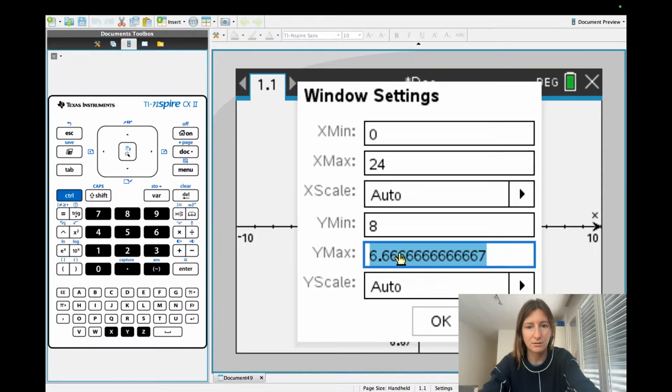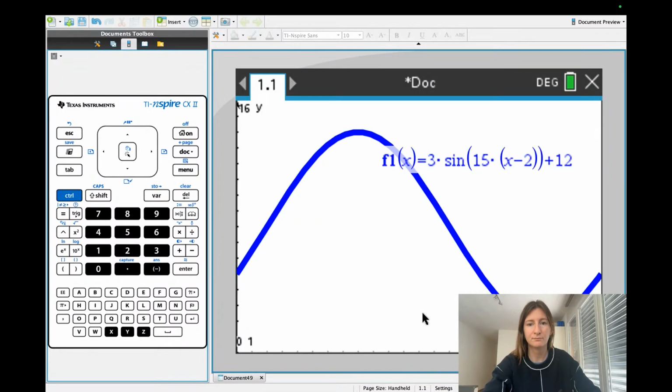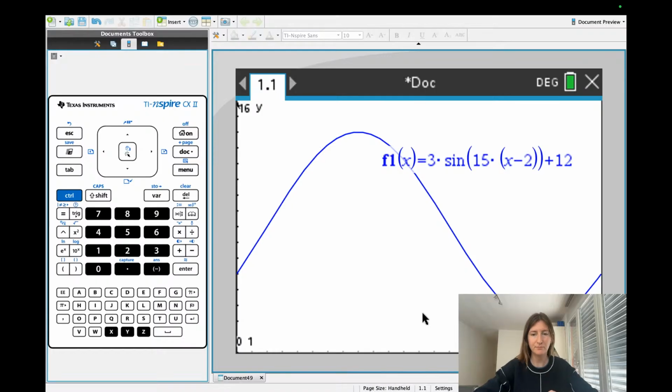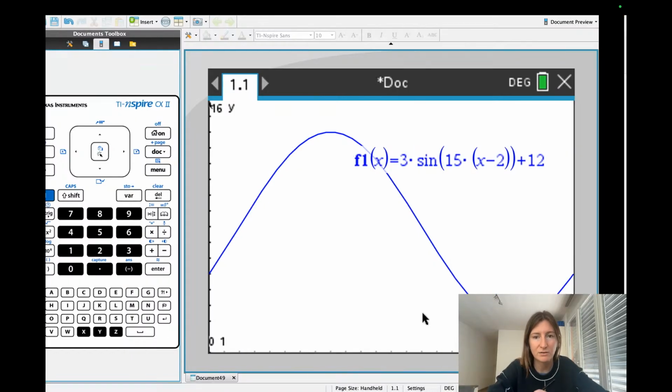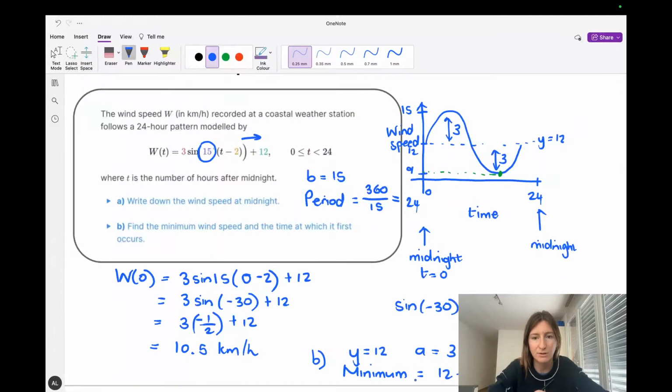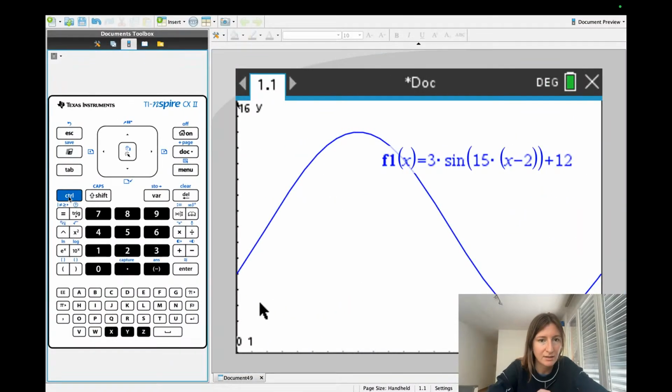Much better. So this is giving us our graph. And we wanted to find when this graph was equal to 9. So I can add another graph, y equals 9. And it's going to give me that line over there. And there we go. It's that point over there.